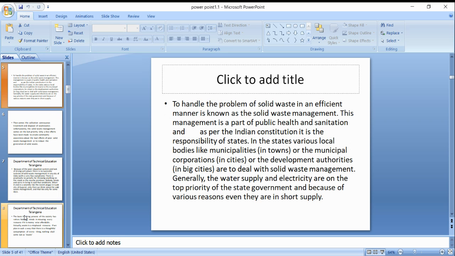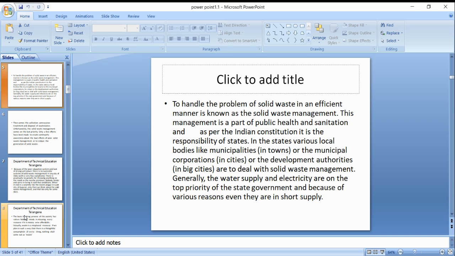So to control those solid waste problems in an efficient manner, there forms solid waste management, where the solid waste is not directly put into the environment. To control that, waste management has come.